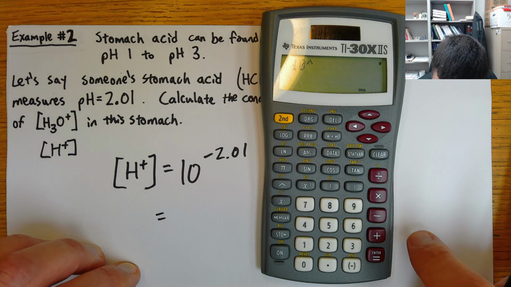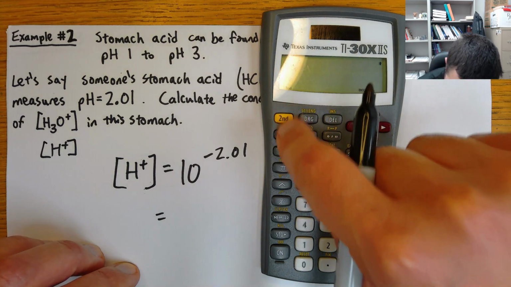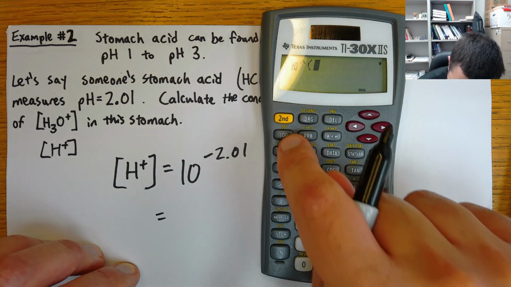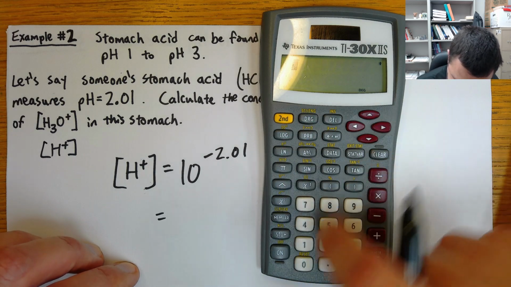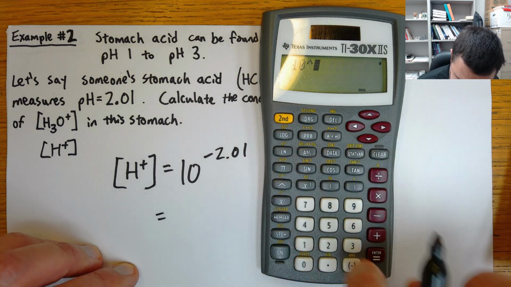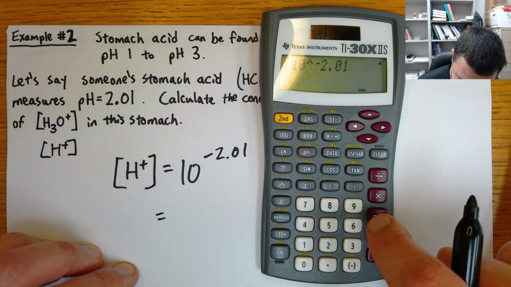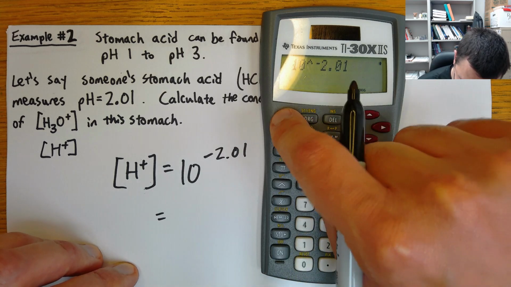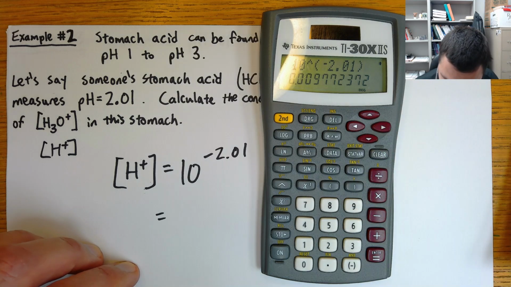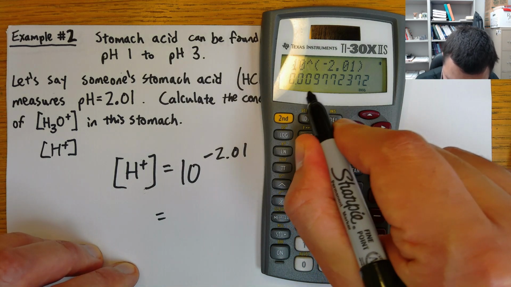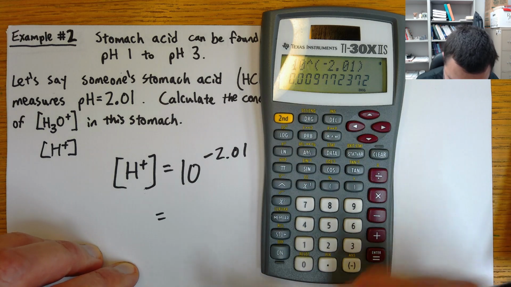I think there's a button for that on a calculator somewhere. Oh, it's the opposite of log, as it should be. But if you don't have that, you can just do 10 caret negative 2.01. Does my calculator need parentheses? I don't know. I'll just do that. All right, 0.00977.